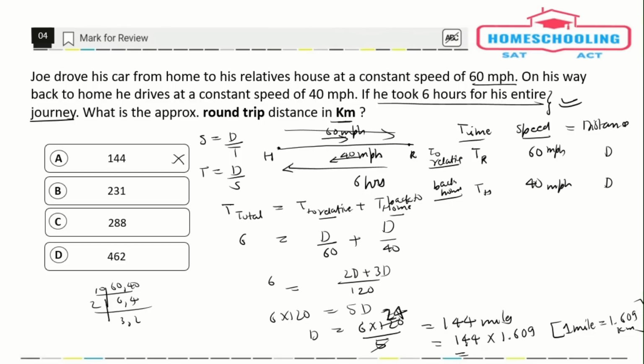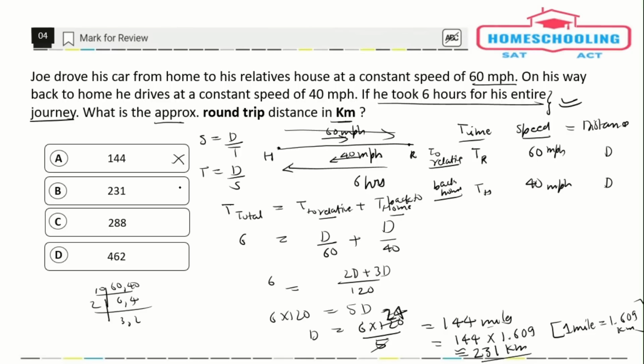We have to find the approximate value, so let me put it on my calculator. It will be somewhere around 231 kilometers. So we have converted miles to kilometers by multiplying by 1.609, or you can just multiply by 1.6. So this is your answer, 231.